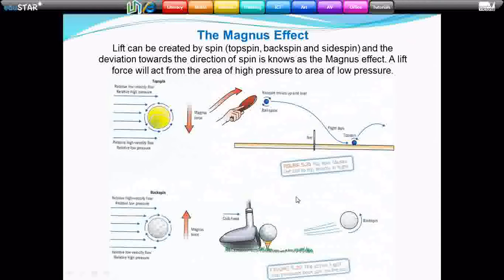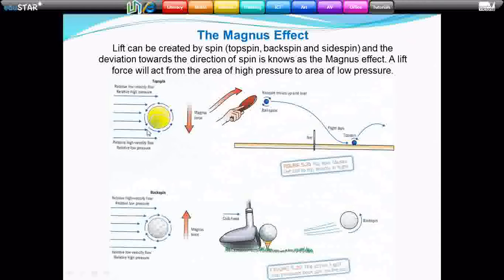And the Magnus effect, which is really easy to see in table tennis when you spin a ball or an object through the air. So what we're doing in the Magnus effect is putting spin on a ball, which creates areas of high and low pressure. As an object travels through the air, as it spins in a particular direction, one side of the ball which is going against the air is going to create lots of turbulence, and that increases the area of high pressure, and the other side of the ball is flowing nicely with the spin of the ball.